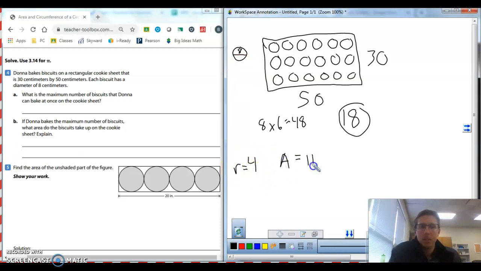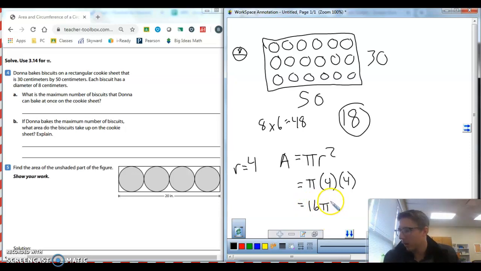Area, remember, is pi r squared. So we need pi times 4 times 4, or 16 pi. If they told you to leave it in terms of pi, that'd be great right there for one of them. But they don't. So you need to take 16 times 3.14. And you get 50.24.